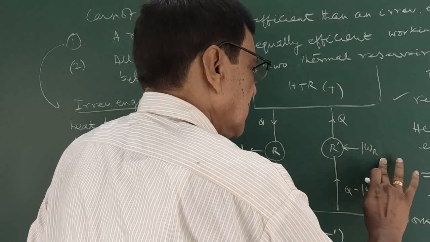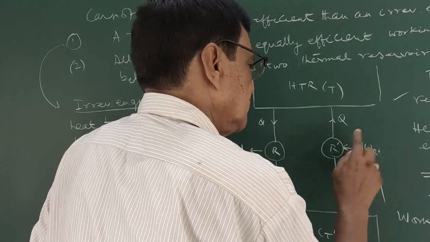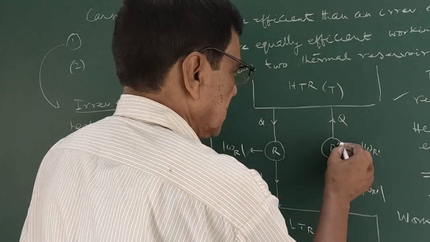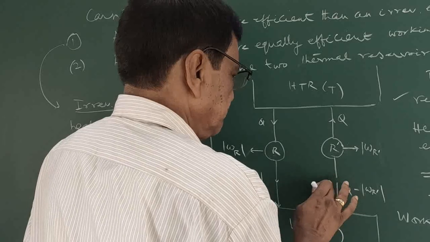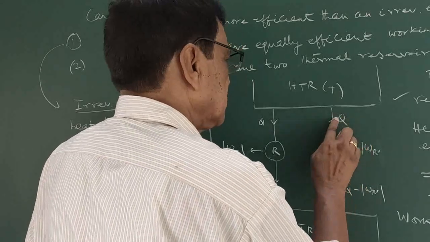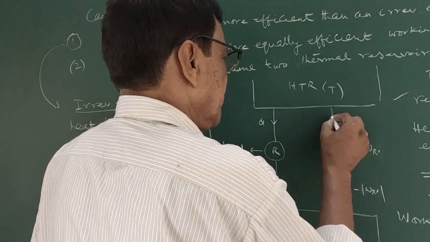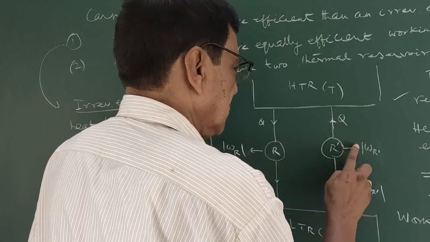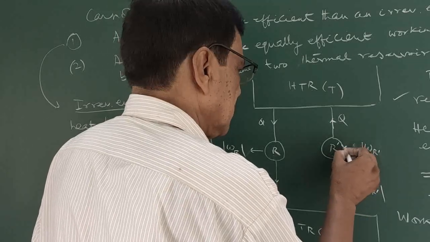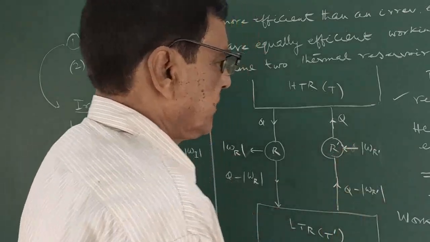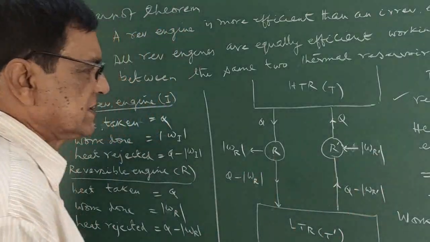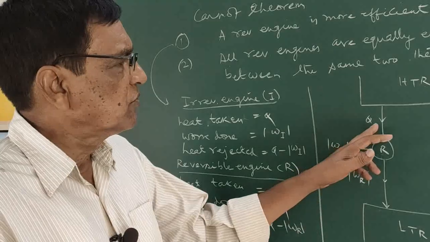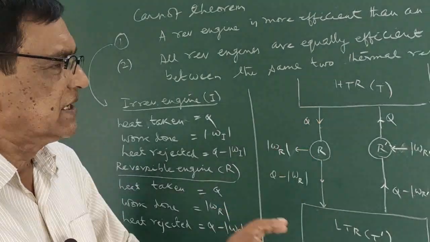Work done and work done by this way. In this case also work done. And this one is a refrigerator. Then also we can see the Q amount of heat is taken by this HTR, by this coupling.